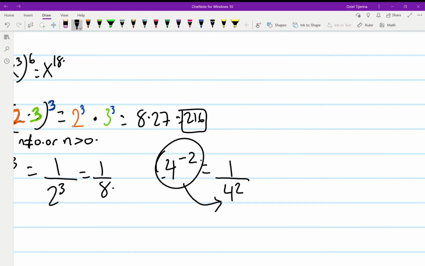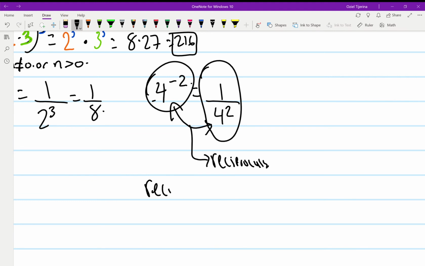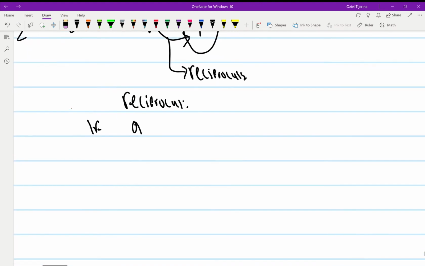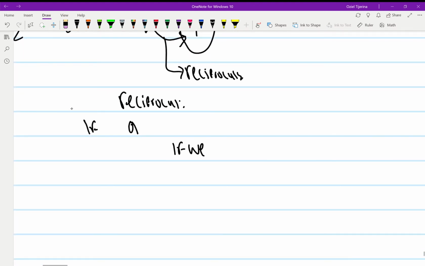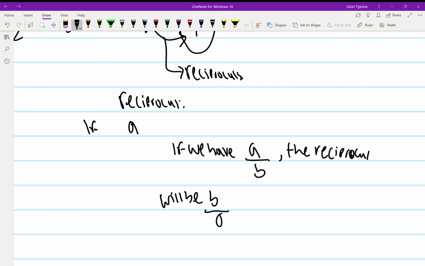So basically, they're reciprocals. And if you don't know what a reciprocal is, for example, if we have A over B, the reciprocal will be B over A, okay?